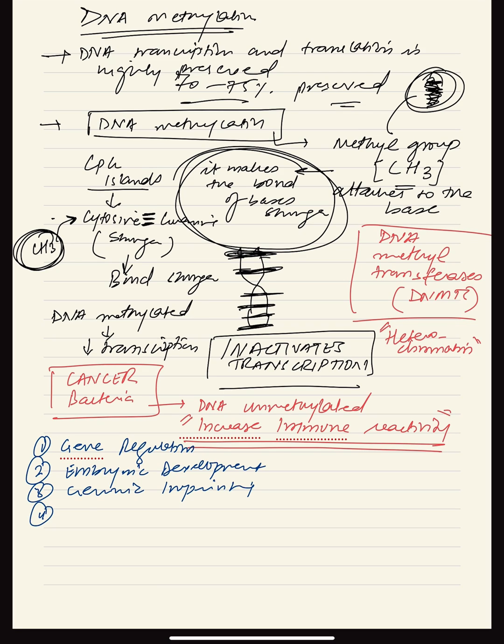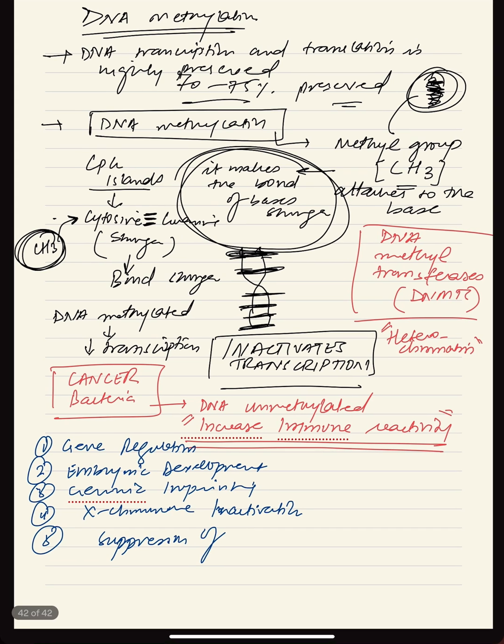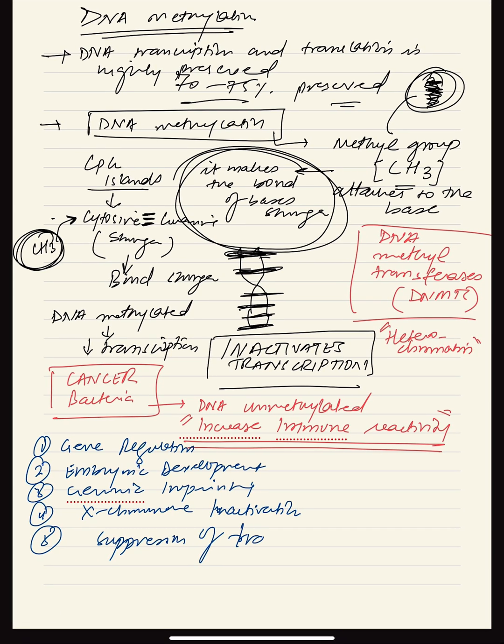It's important for X chromosome inactivation in case of determining gender. It's important for suppression of transposons, basically, right? Which are basically jumping genes, we say.